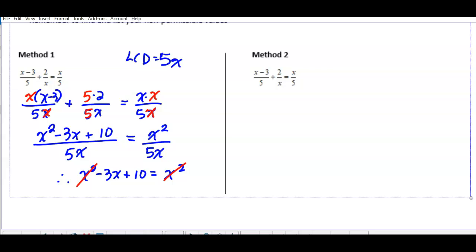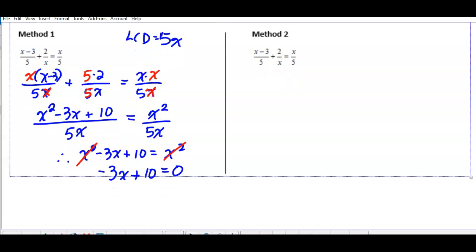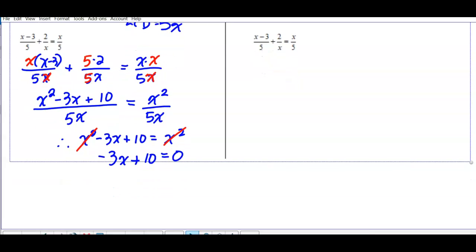The x squareds add to 0. So really, it's a linear equation. Negative 3x plus 10 equals 0. Okay, and then you want to isolate x. So subtract 10 from both sides and divide by negative 3.